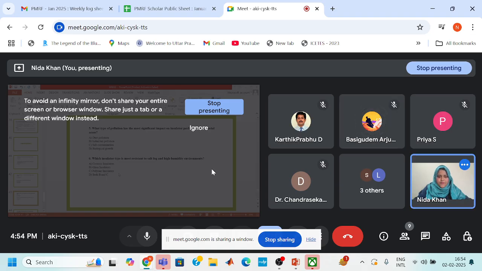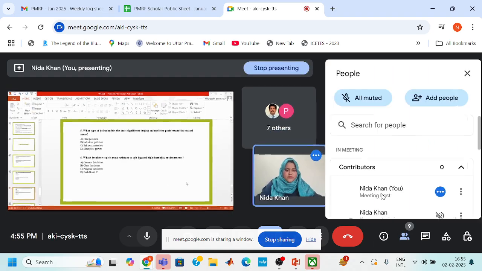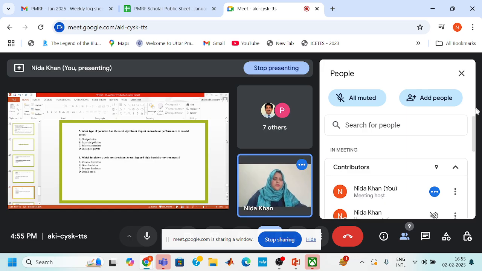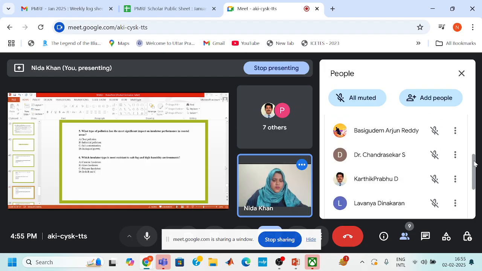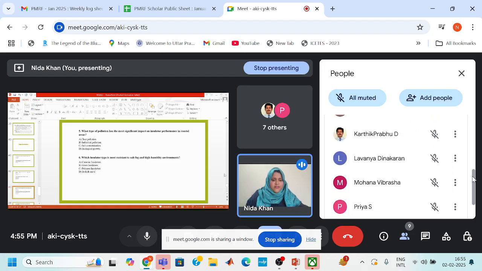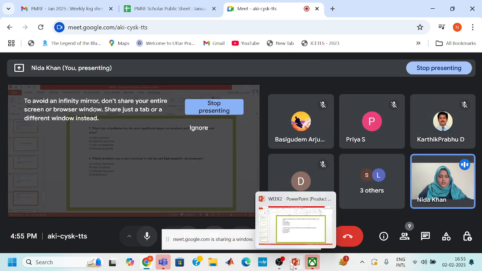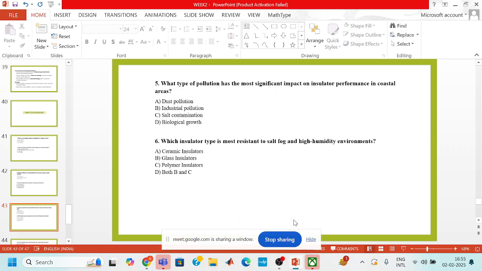Any other? Lavanya, Mohana. Okay. The correct answer is salt contamination. Salt contamination has the most significant impact on insulator performance in coastal areas.